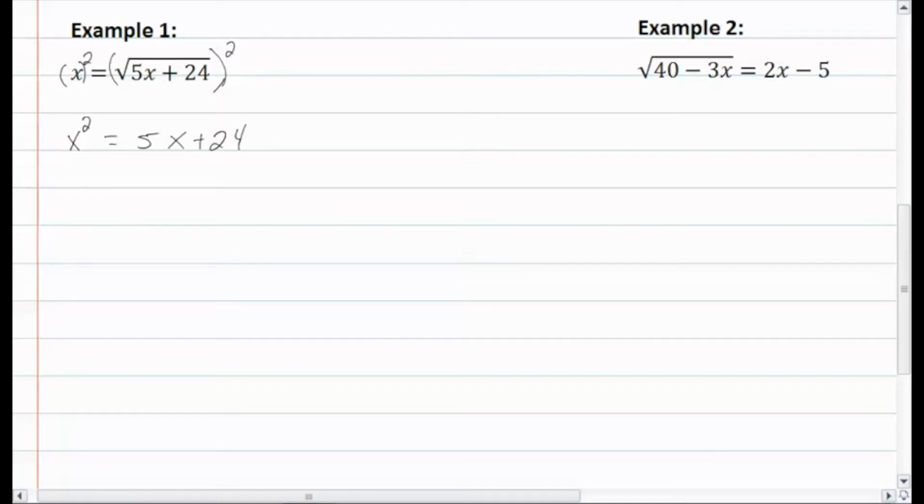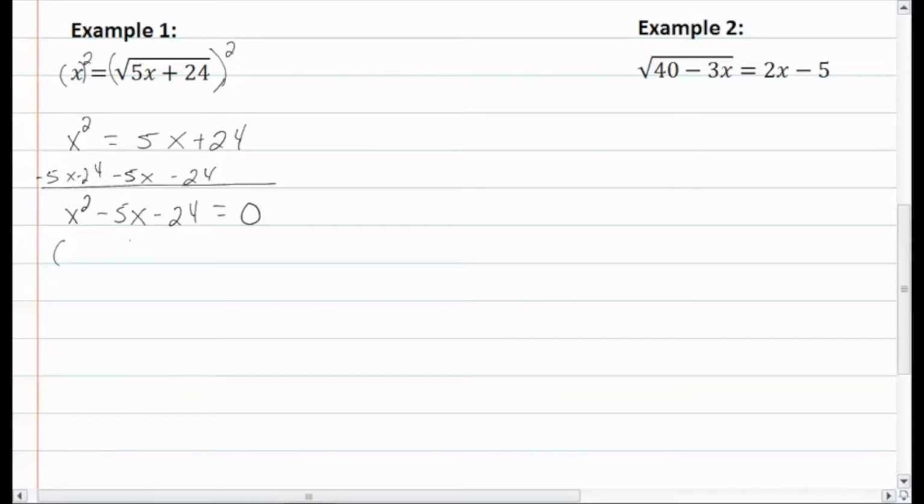We want to get everything on one side because we have a quadratic. So now we have x squared minus 5x minus 24 equal to 0.